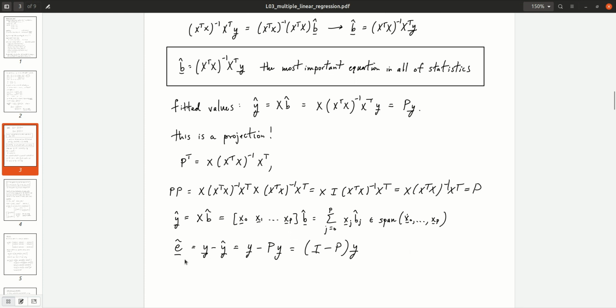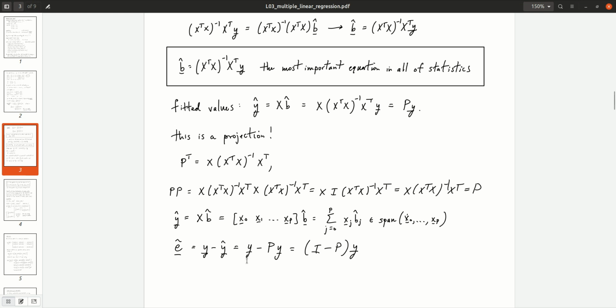All right, one more thing is, remember that if we have a projection matrix P, then I minus P is also a projection. So let's look at what that projection is in this case. I'm going to define what are called the residuals. The residual vector is just the observed responses minus their fitted values.